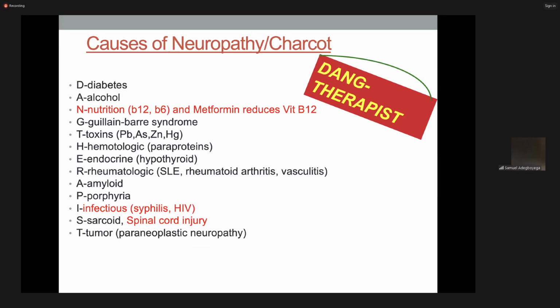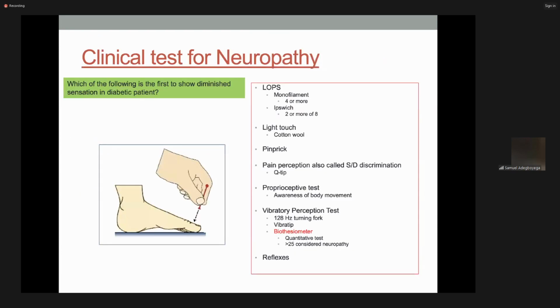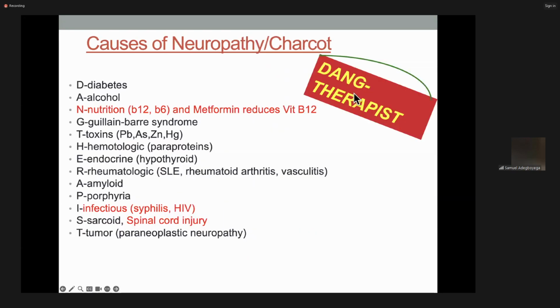So if the patient has no neuropathy at all, and they have some kind of fragmentation and orthopedic changes in your foot and your ankle or whatever, you better start thinking maybe they had a trauma in the past, or maybe they have osteoarthritis, or an injury. Anyway, what I'm trying to say is, for Charcot, you need neuropathy. Okay, all right. So that's to make it easy for you.